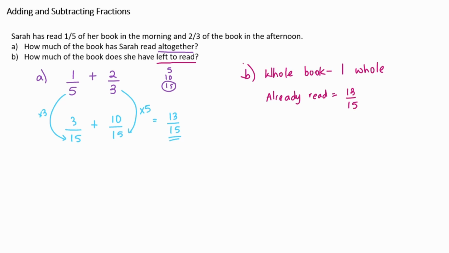So our one whole can be written as 15 over 15 because the amount that she has already read already has a denominator of 15. So in order to find what's left, we're going to do 15/15, which is our whole, take away 13 over 15, and that gives us 2/15. So she has 2/15 of the book left to read.